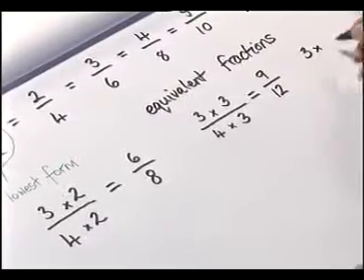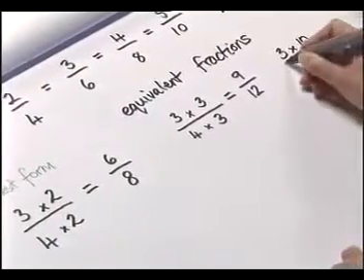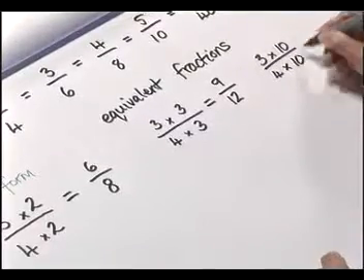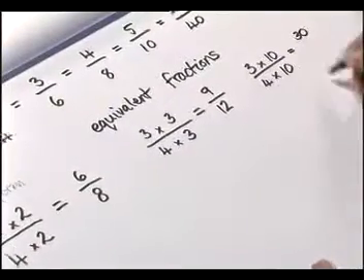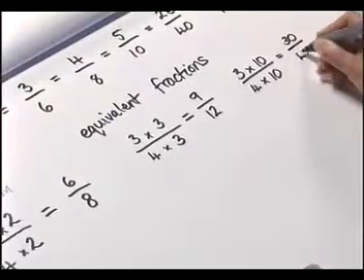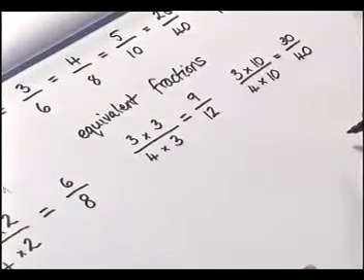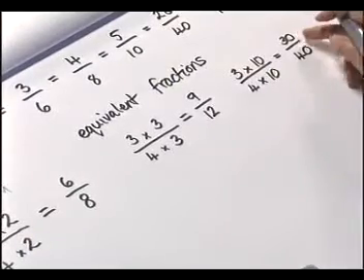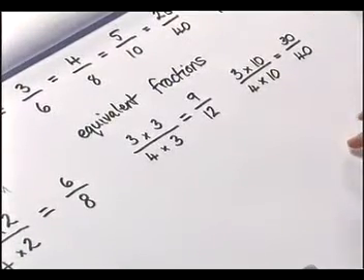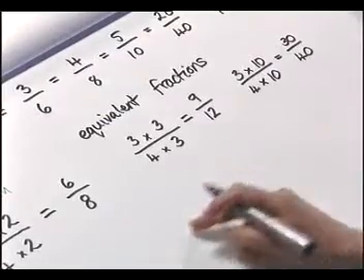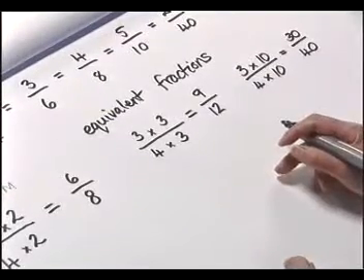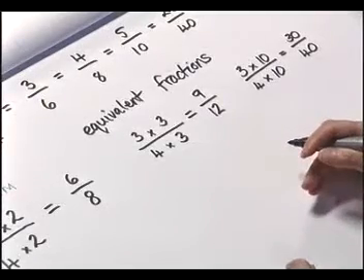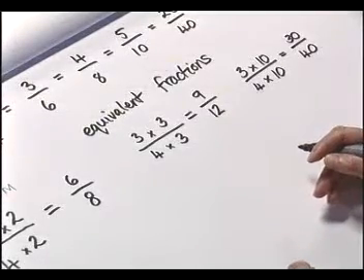This time let's multiply both the top number and the bottom number by 10. So we have 3 times 10, giving us 30, and 4 times 10, giving us 40. So another fraction equivalent to 3/4 is 30/40. So it's very easy to find equivalent fractions as long as you multiply the top number and the bottom number by the same number.